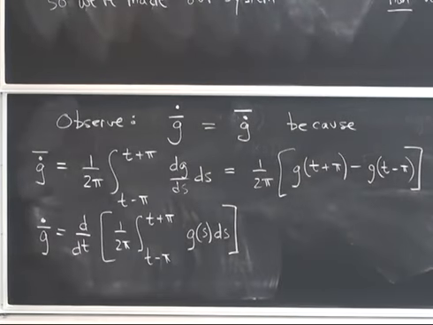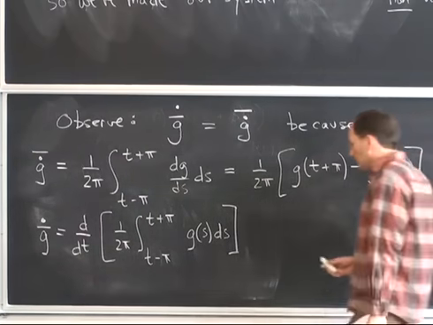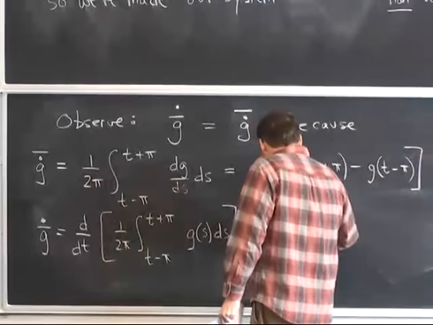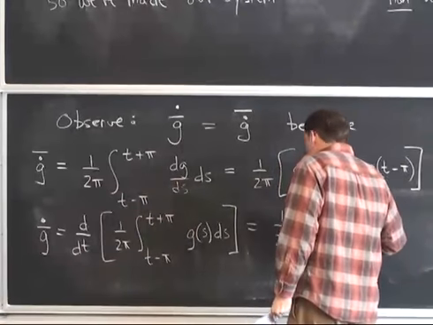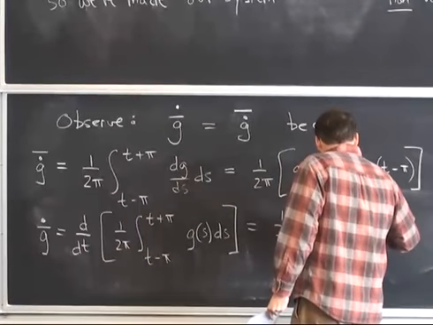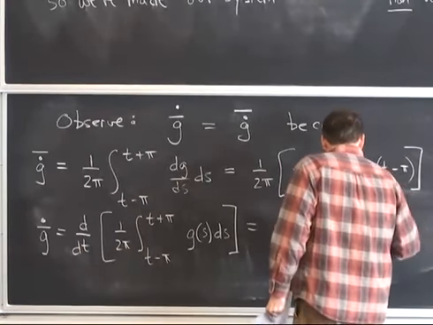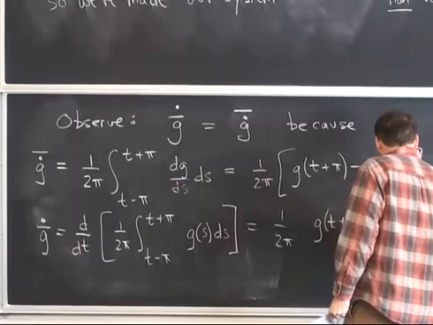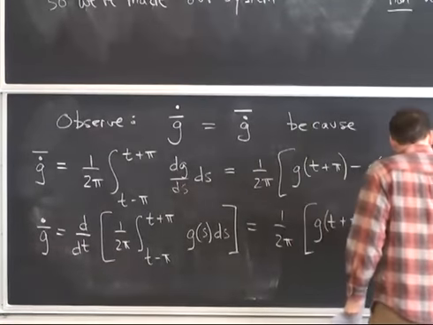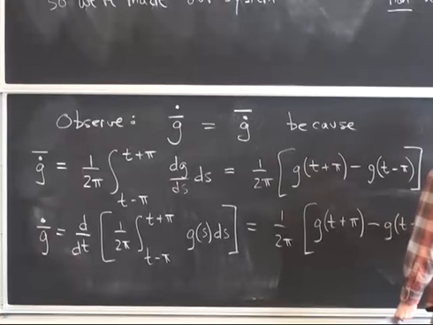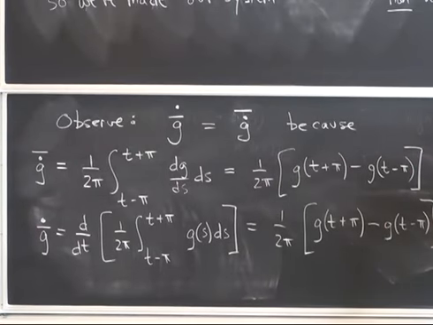And that's something you're supposed to have learned. That's one version of the fundamental theorem of calculus. So that will end up giving you 1 over 2 pi, and then you plug in g at the upper limit minus g at the lower limit. So it's the same thing as we wrote above. So by the fundamental theorem of calculus.